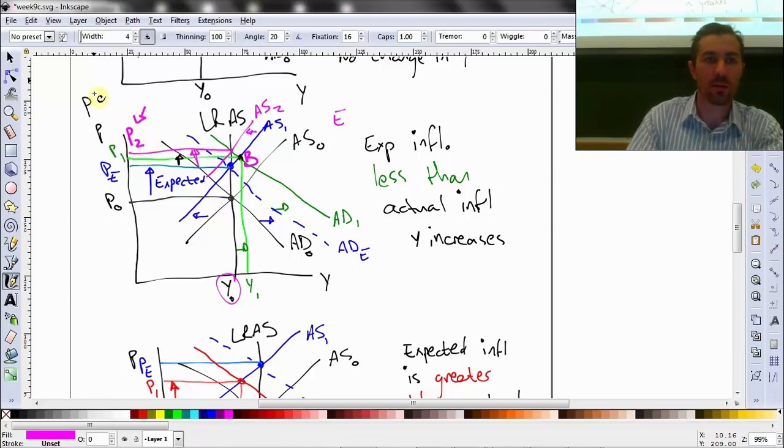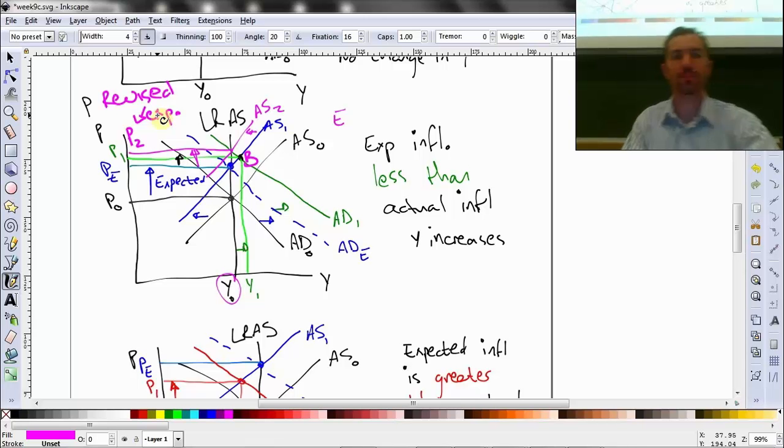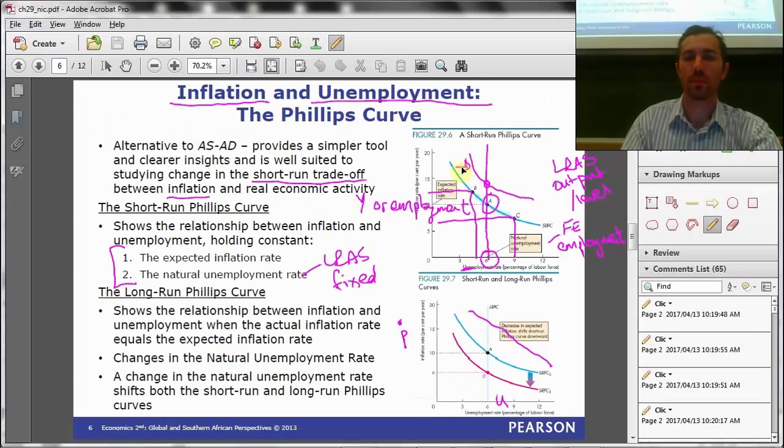So P2 is with our revised expectations. Okay? So once we revise our expectations, maybe we now expect inflation to be at 15% instead of 10%.